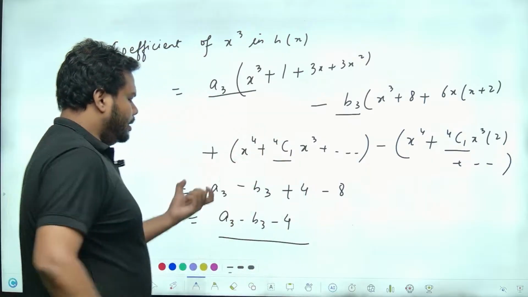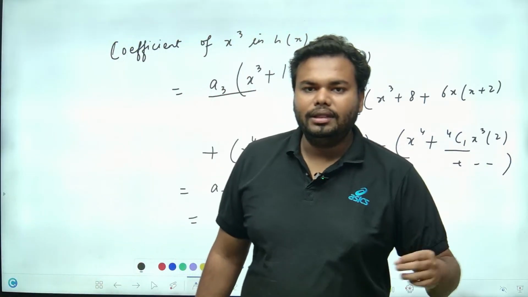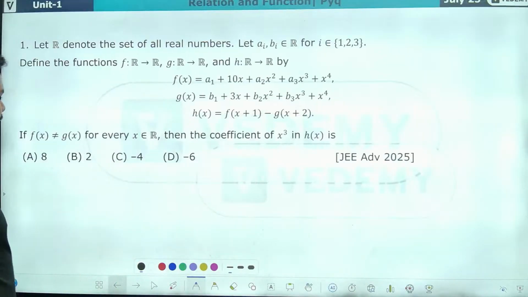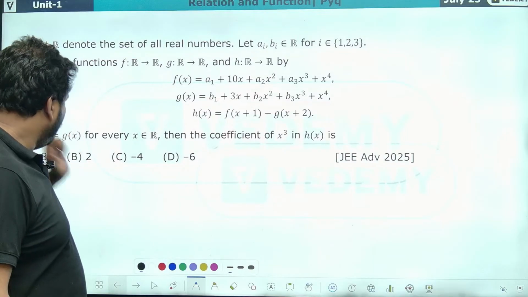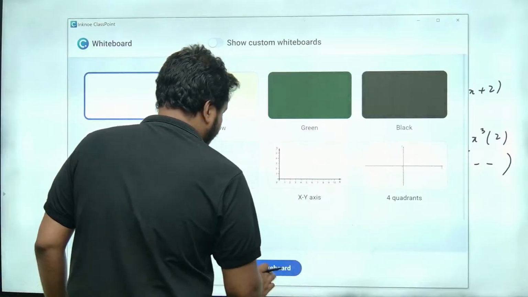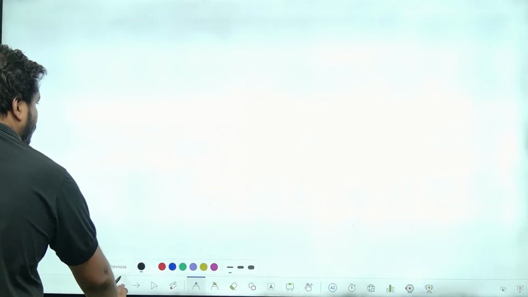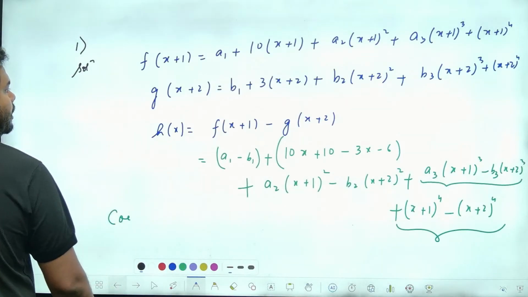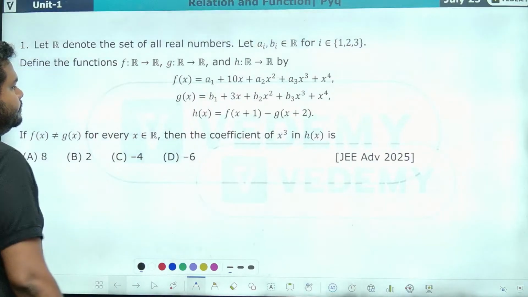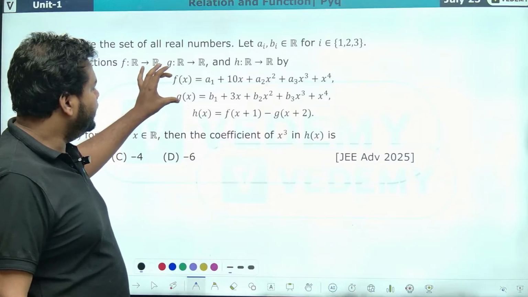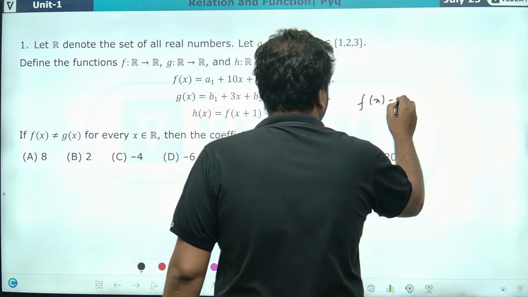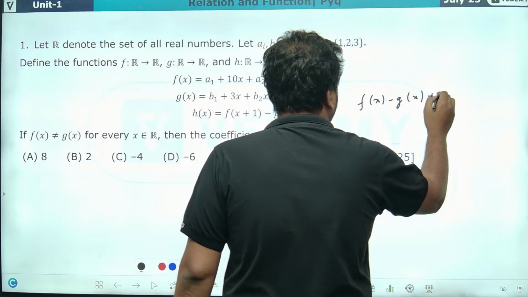All right. But we don't know about a3 and b3. Now, one more piece of information is given: f(x) is not equal to g(x). Now we have to use it. How? Let's see. f(x) minus g(x) is not equal to 0.